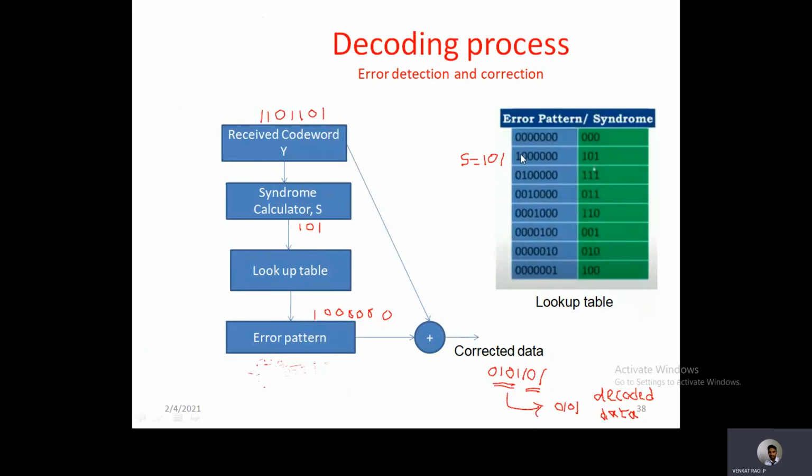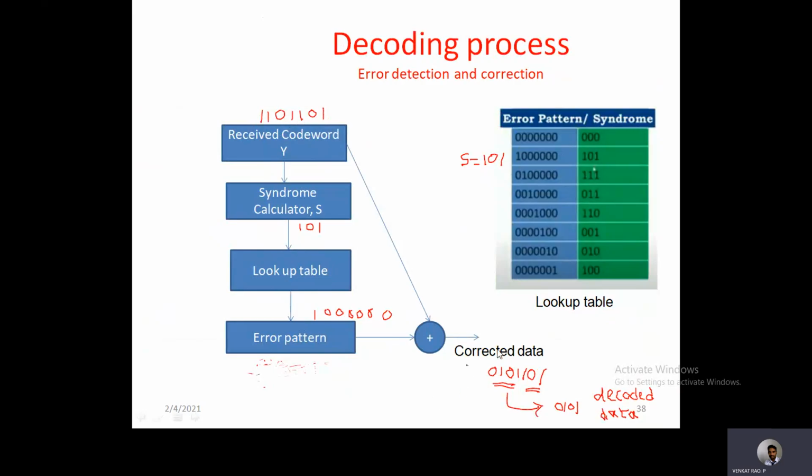It is identified as a 1st bit error, so the corresponding error pattern is 1 with all remaining bits zeros. Make an XOR operation of the received code vector and this error pattern, and the error will be automatically corrected, because 1 XOR 1 is 0 and the remaining bits stay as they are. This is the corrected data.